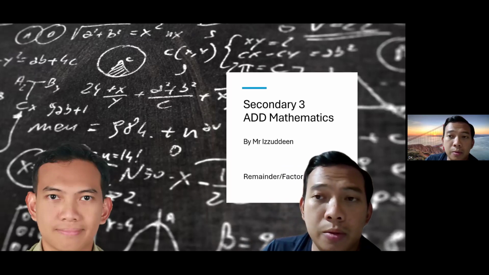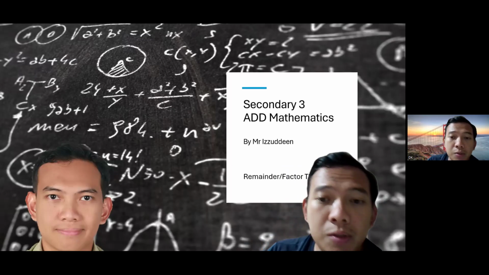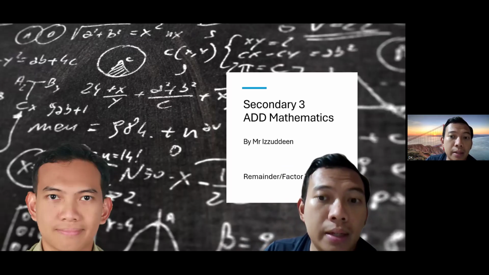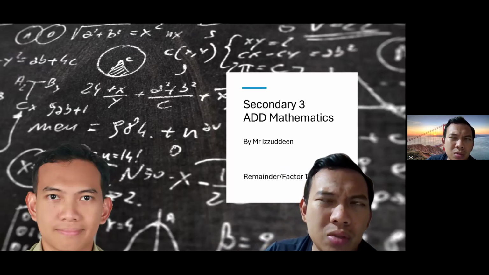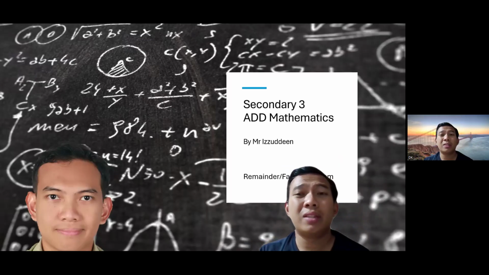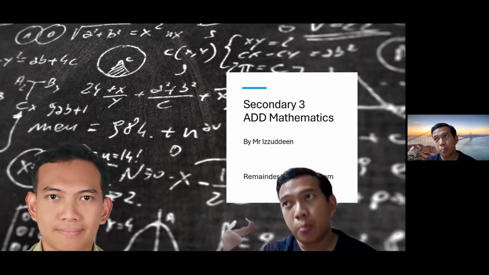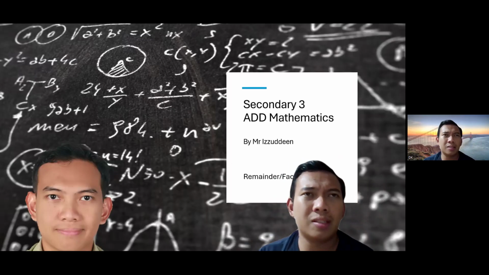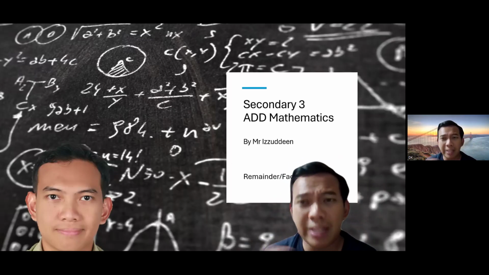So this time around is another part of polynomial, which is about the remainder and factor theorem. I think these two are not so difficult, and actually 4.3 as well, which is solving cubic, because they are actually related.